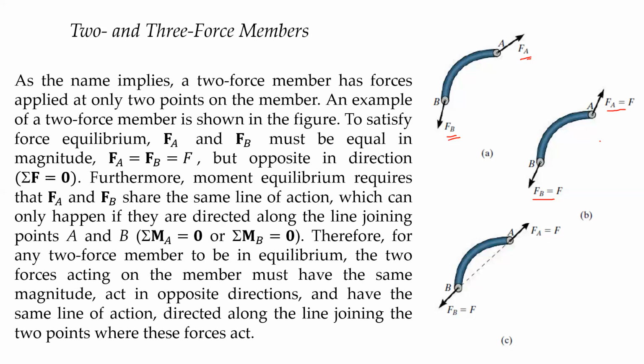Furthermore, moment equilibrium requires that F sub A and F sub B share the same line of action, which can only happen if they are directed along the line joining points A and B.